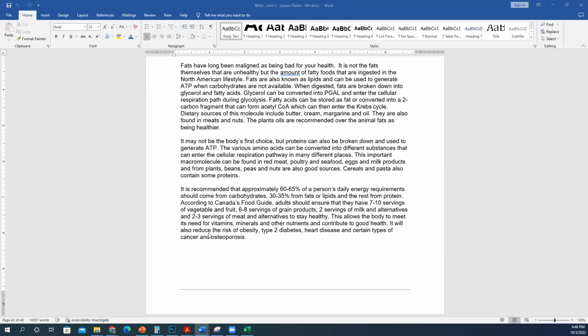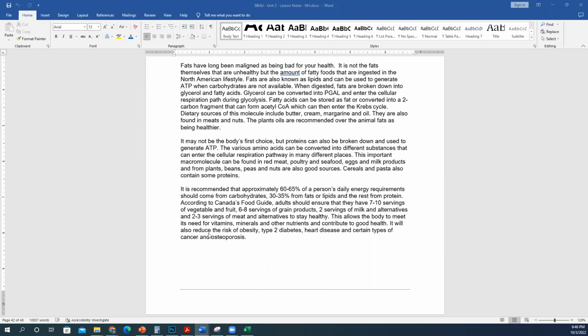Adults should make sure to have about 7 to 10 servings of vegetables and fruit, 6 to 8 servings of grain products, 2 servings of milk and alternatives, and about 2 to 3 servings of meat and alternatives in order to stay healthy. This will allow our body to meet its needs, not only for energy, but also for vitamins and minerals and other nutrients that will contribute to our overall good health.